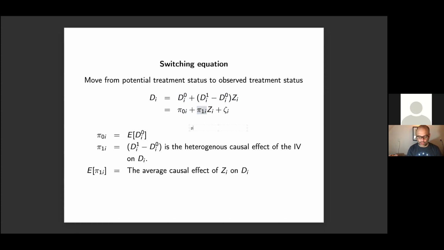Pi 1 is the causal effect of the instrument on treatment status. All right. You can see it because, look, it's the causal effect. When you're given a 1, your treatment status is going to change from D0 to D1. It may or may not.